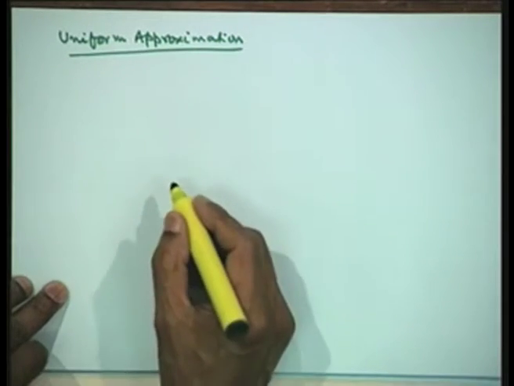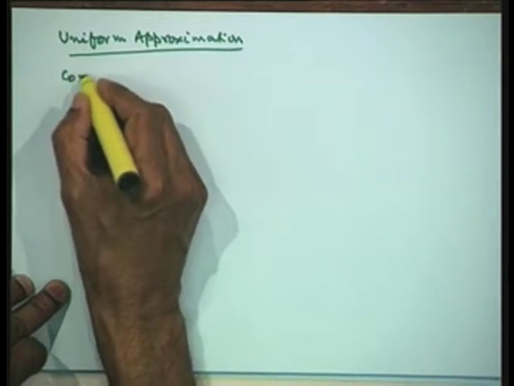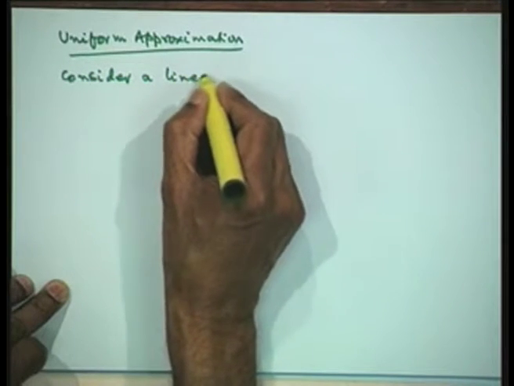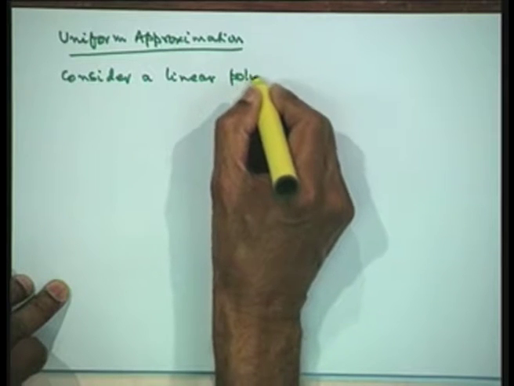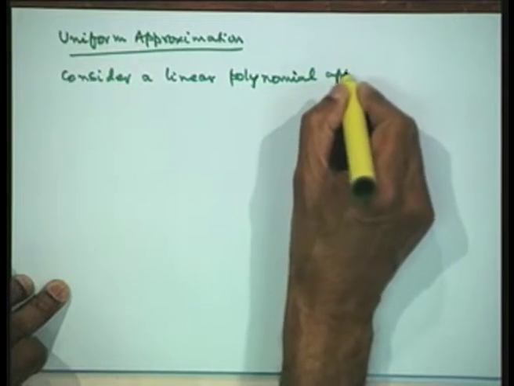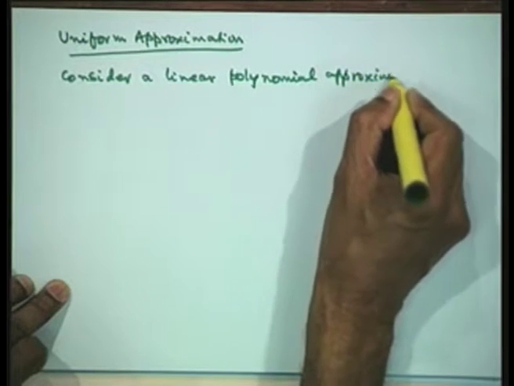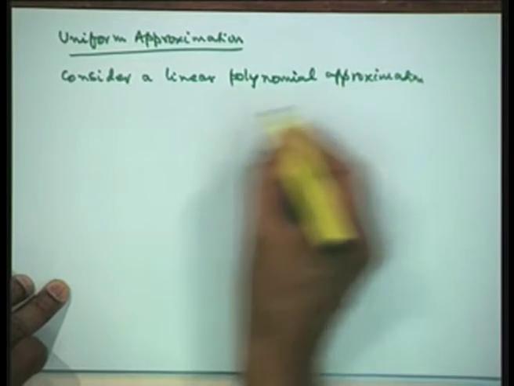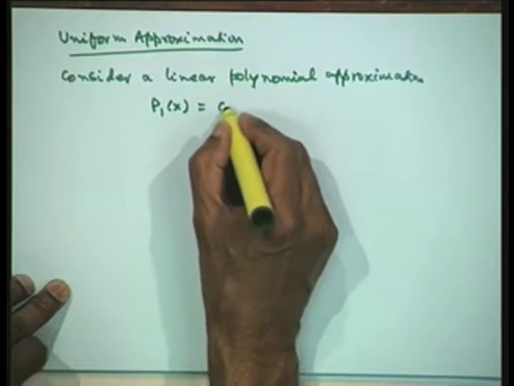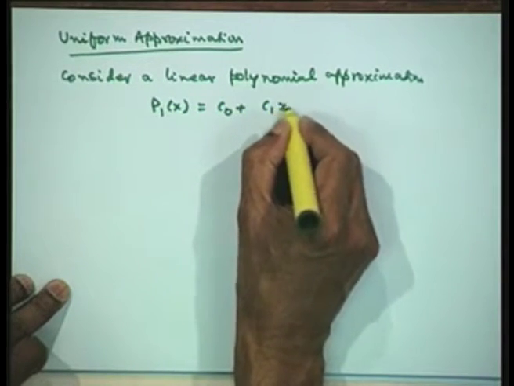And then to define this we consider a linear polynomial approximation. We have taken this linear polynomial approximation as p 1 x is equal to some c naught plus c 1 into x.